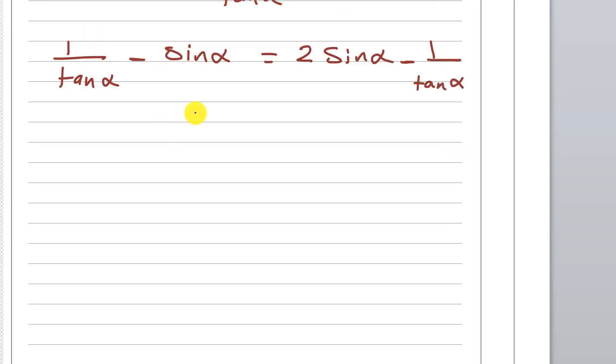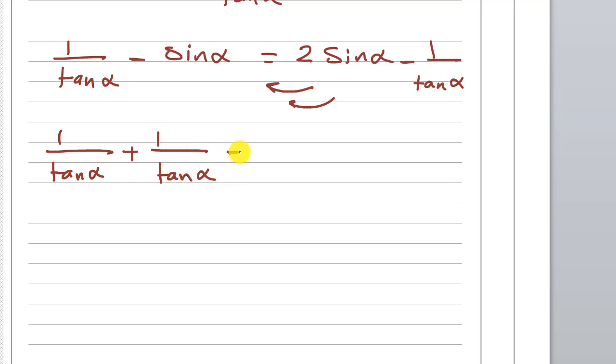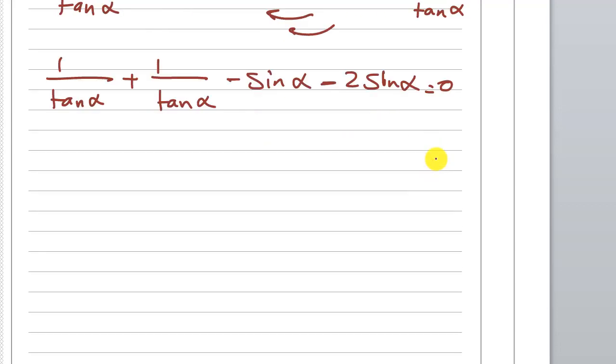Let us bring all of them here. So I have 1 divided by tan alpha plus 1 divided by tan alpha minus sine alpha minus 2 sine alpha is equal to 0. So we have 2 divided by tan alpha minus 3 sine alpha is equal to 0.